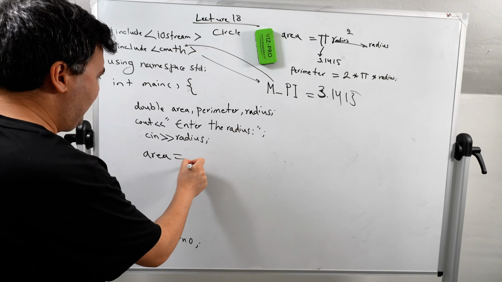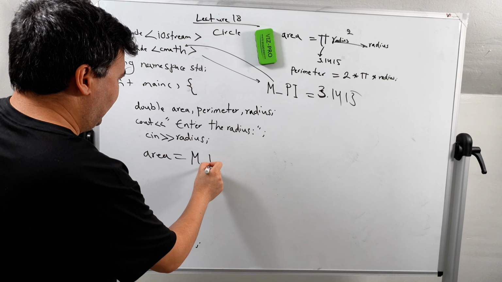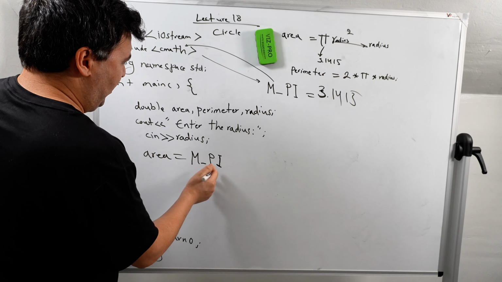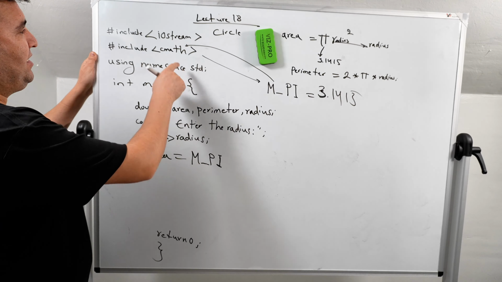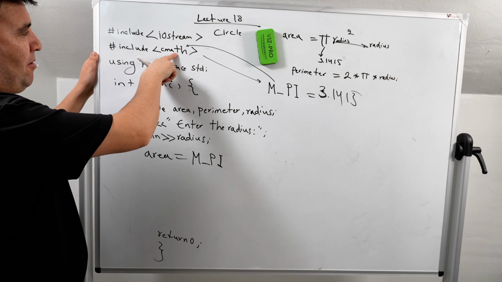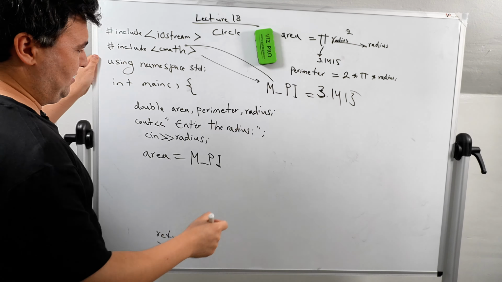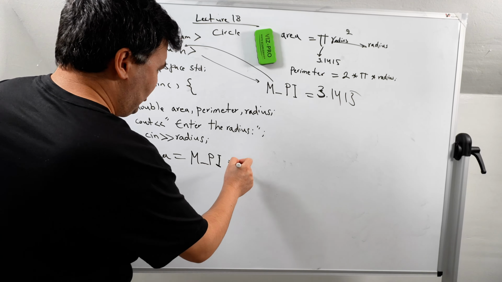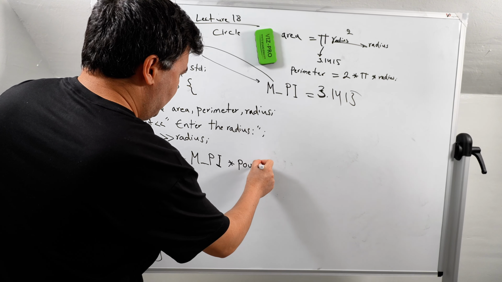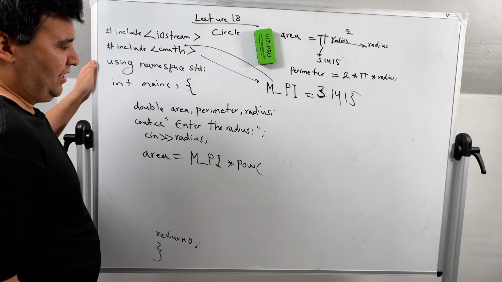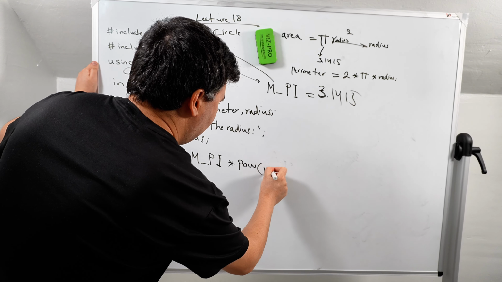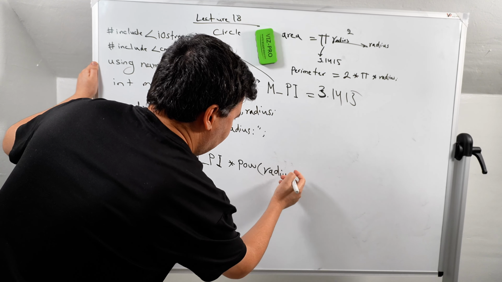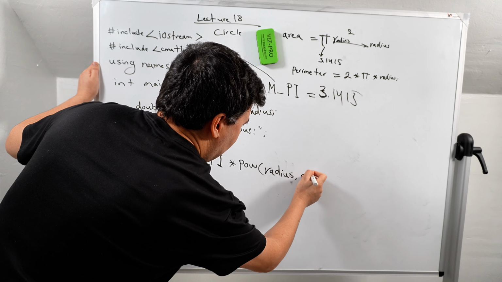So I can write here M underscore PI, a constant defined inside the cmath library. And then we have r squared. We also have the pow function inside cmath. So pow takes radius as the first argument, then comma 2.